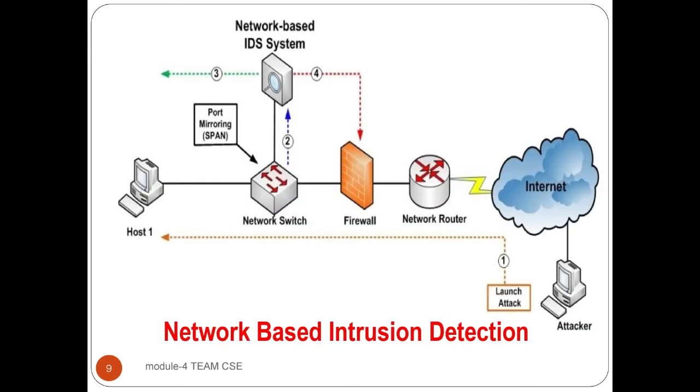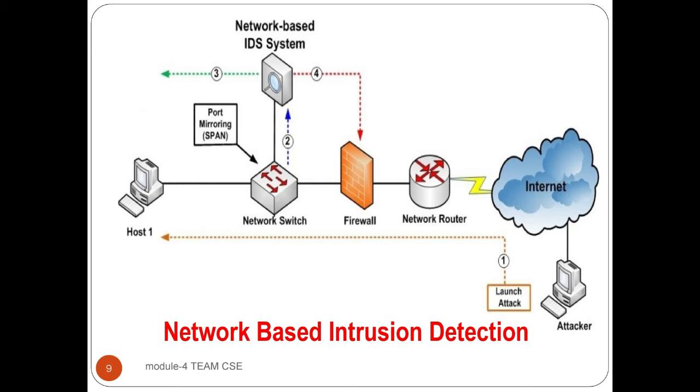Next slide. This is a diagram of a network-based intrusion detection system. You can understand that the host gets information from the internet. The network switch is connected to the host, and there is a firewall as well, and a network router to route the packets.